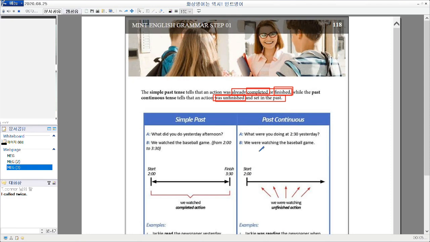What do you mean it only happened one time? You mean the action? Yes. The action. It actually depends on the sentence.